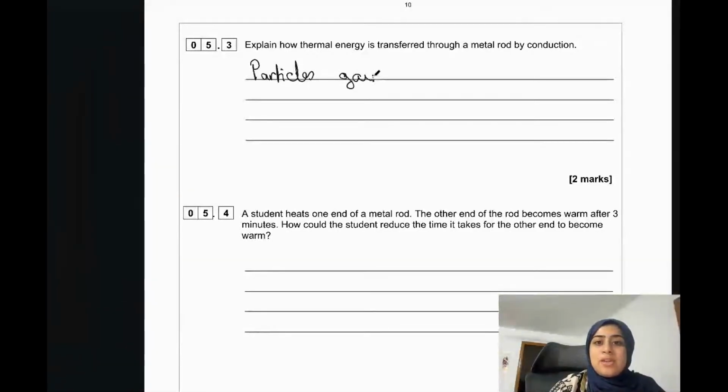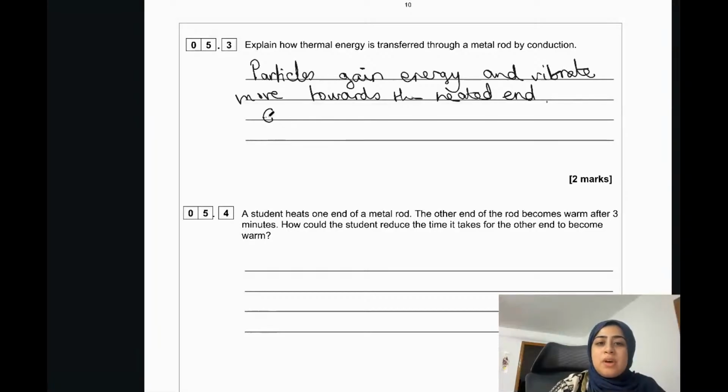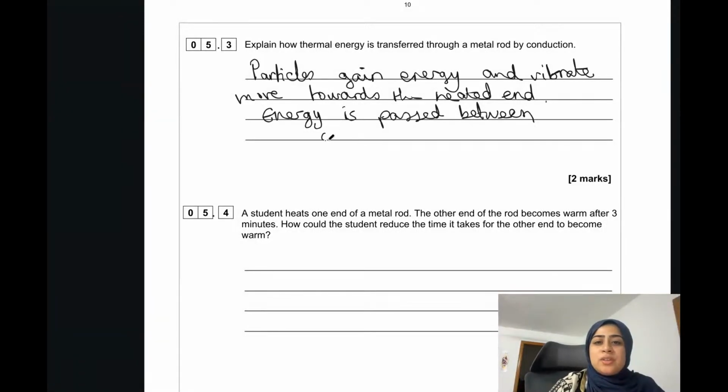Particles gain energy and vibrate more towards the heated end. Okay? And then energy is passed between particles in collisions. So 2 marks, give yourself 2 marks if you got that. And remember these key words. So conduction, particles gain energy, they vibrate, energy is passed in collisions.